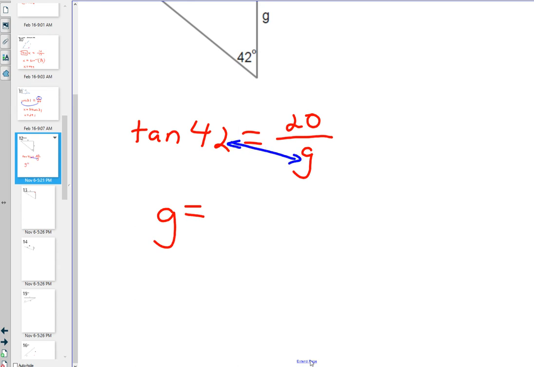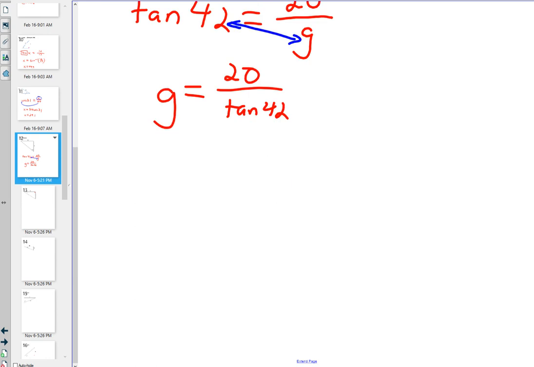So G is equal to 20 over tangent 42. Calculator, help me out. 22.2.